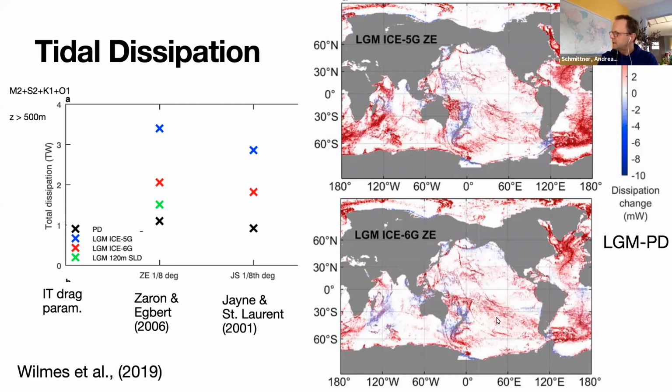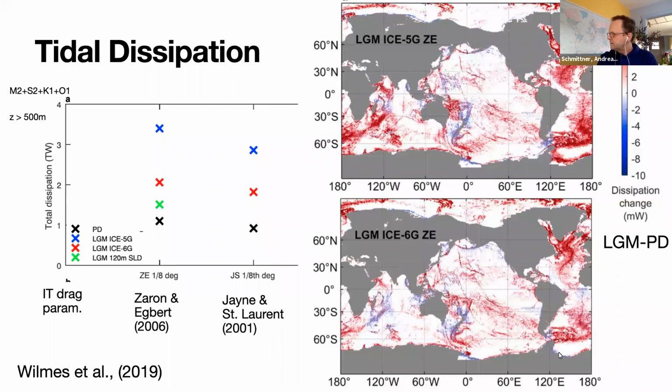And generally, the ICE-6G has not as large of an increase in tidal energy dissipation compared with the ICE-5G reconstruction, which is partly a response to the changes in boundary conditions. If you look closely here at the Weddell Sea, you can see that in the ICE-5G the land ice does not extend as far out onto the shelf as in the ICE-6G simulation.